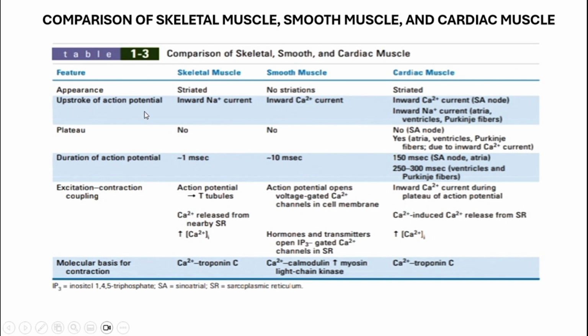The upstroke of the action potential in the skeletal muscle is because of the inward sodium current, but in the smooth muscle, it is because of the inward calcium current. The plateau phase is only a speciality of the cardiac muscle, so the smooth muscle and skeletal muscle do not have this plateau phase in their action potential. The duration of the action potential for skeletal muscle is 1 millisecond, and for smooth muscle, 10 milliseconds.